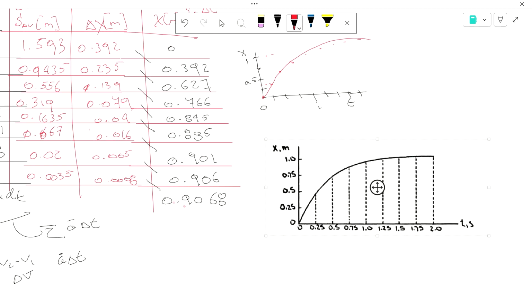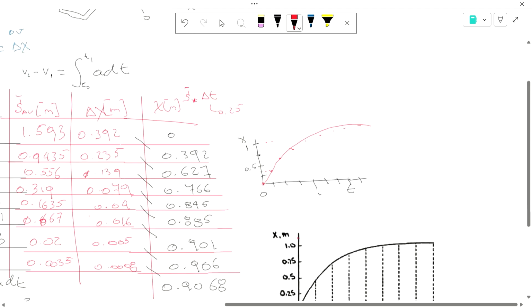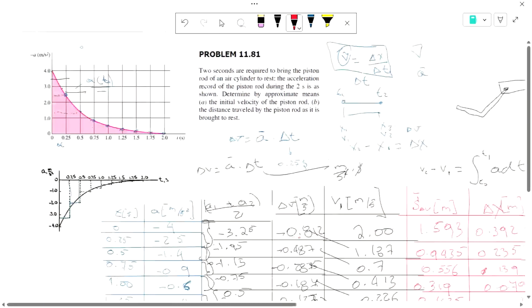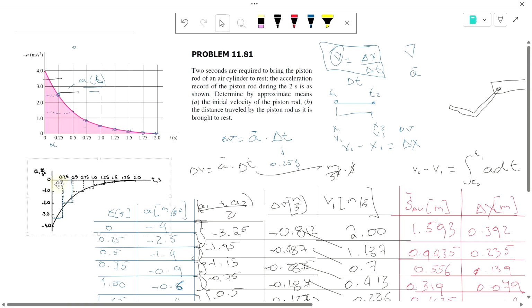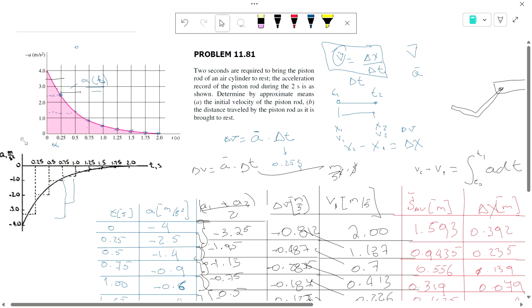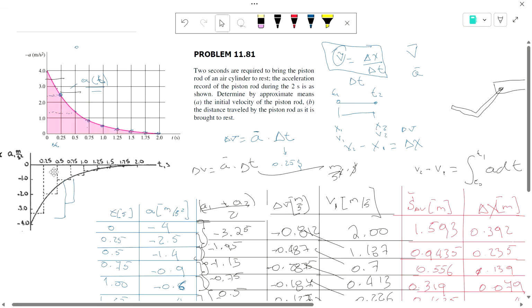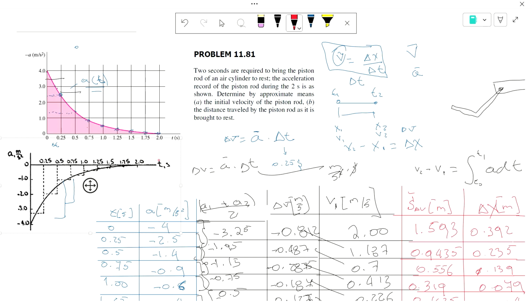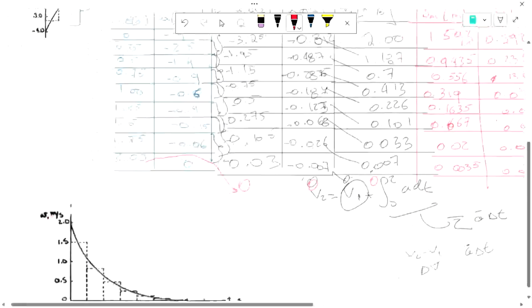So if you notice, this is our plot that we just computed, and what it's saying is that in 2 seconds, the acceleration goes from -4 meters per second squared to 0 with this nonlinear curve.